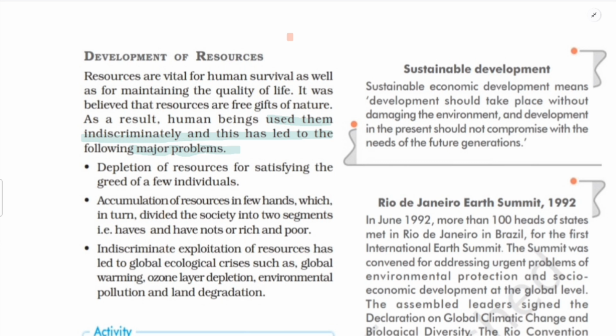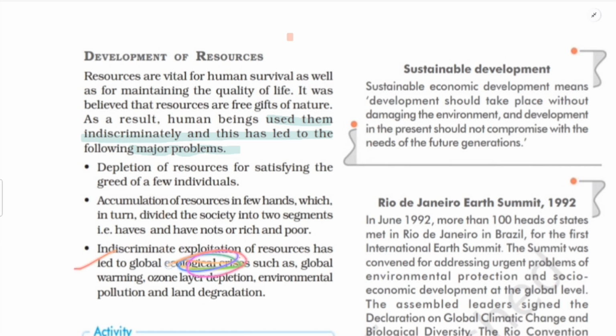Now, accumulation of resources in few hands in turn divided the society into two segments. One who have more and more resources are rich, got it, and who are lacking resources are poor. Now, indiscriminate exploitation of resources has led to a global ecological crisis also.